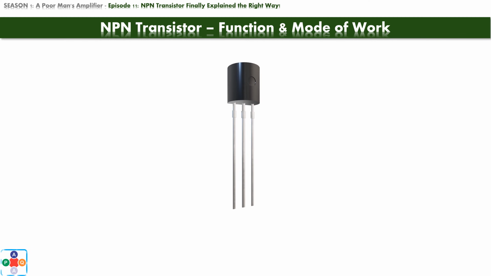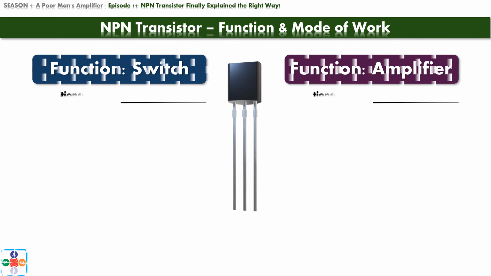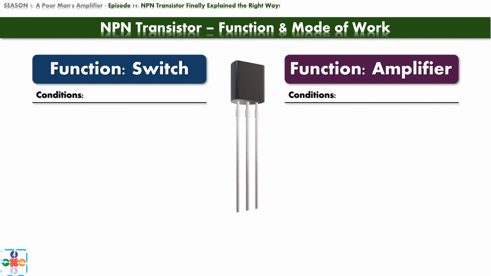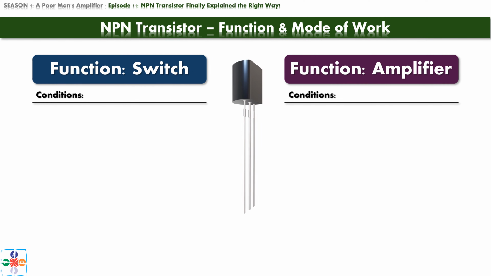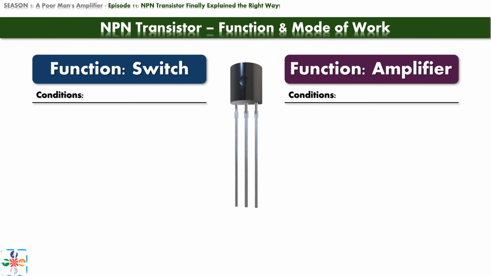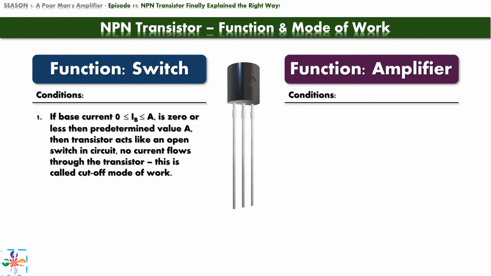Depending on the choice of power source in general, and the collector and base current limiting resistors in particular, the NPN transistor can function in one out of two modes, as a switch or as an amplifier. The mode of work is determined by how much current goes into the base terminal. In one of the previous videos, we saw that if the base current is 0, or is less than some value A, predetermined by the design of the transistor itself, then no current flows through the transistor.